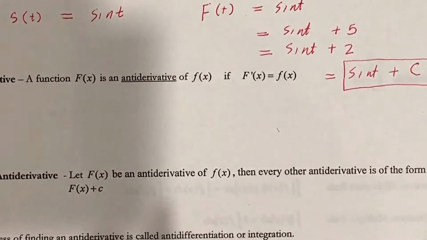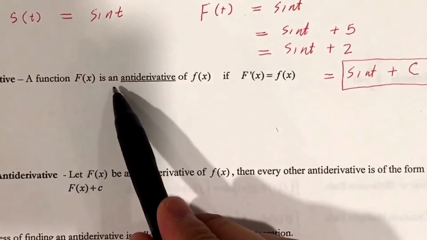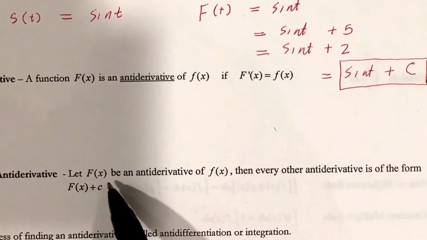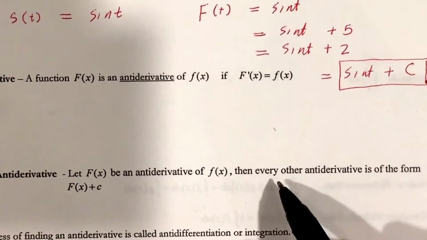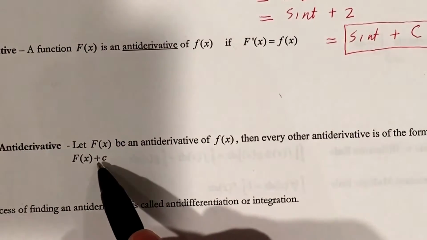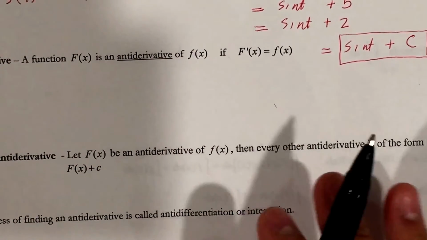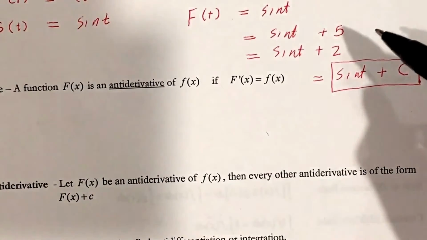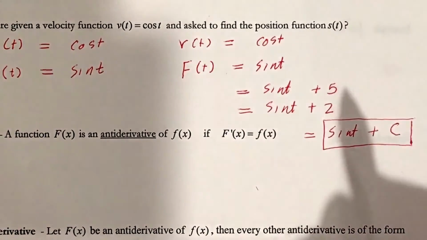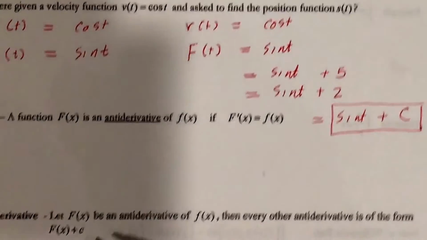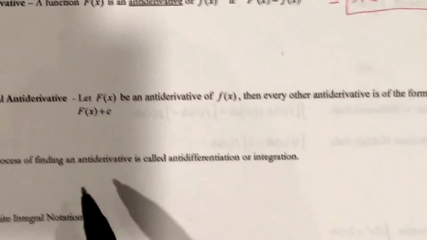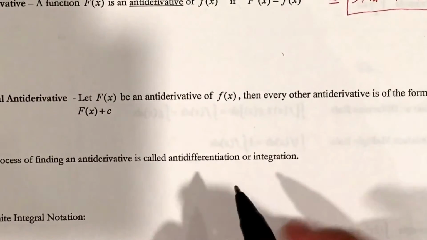So notice that F is an antiderivative. It's just one of them. But in general, if F is an antiderivative, then every other antiderivative can be found by adding a constant, right? So you can have plenty of antiderivatives of a given derivative. And we generalize that by adding a c like that, okay? Awesome. Now, the process of finding an antiderivative has two different names.